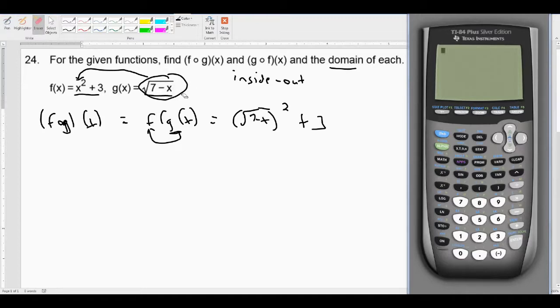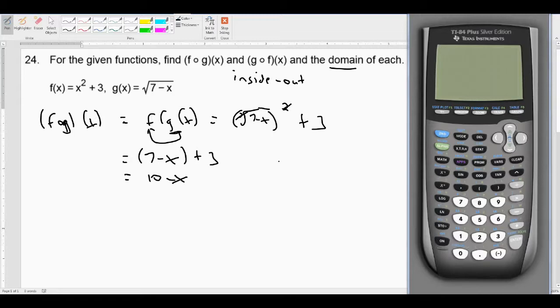The good thing about square roots and squares is there's a 2 on the outside here, if you don't see a number, and that 2 cancels with that 2, leaving just 7 minus x. And then bring down plus 3. And then 7 plus 3 is 10, which is 10 minus x, or negative x plus 10.